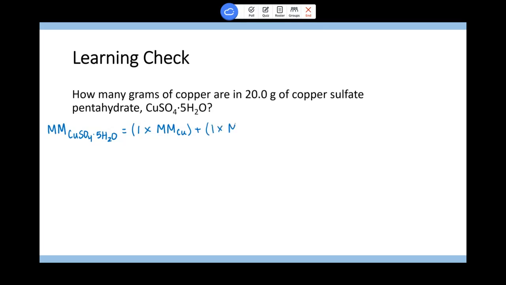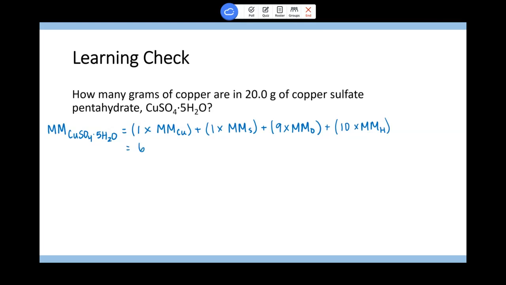One sulfur atom, 1 times the molar mass of sulfur. And we have 9 oxygen atoms. We have 4 in copper sulfate and then 5 in the pentahydrate. So 9 times the molar mass of oxygen, and then 10 times the molar mass of hydrogen. We have 10 hydrogens in this compound. This is, again, to calculate the molar mass of that compound.